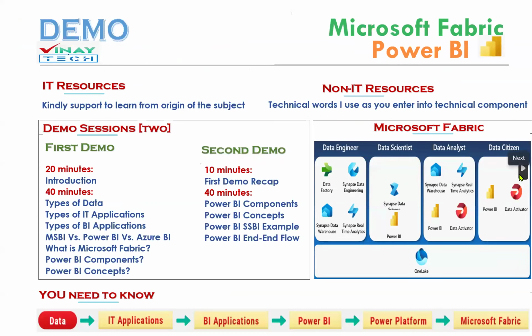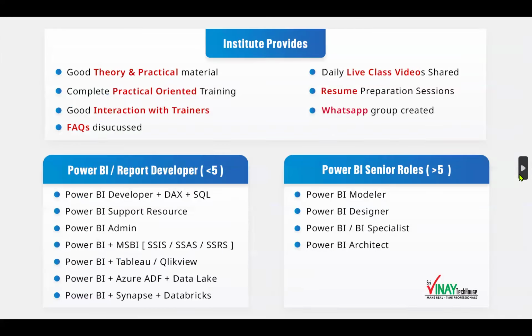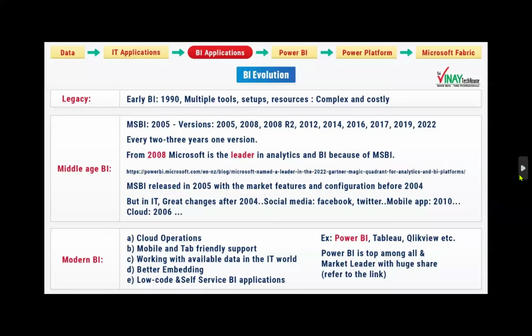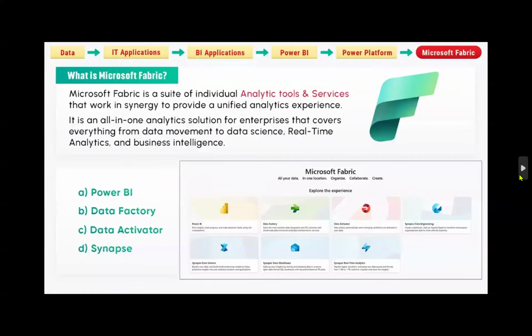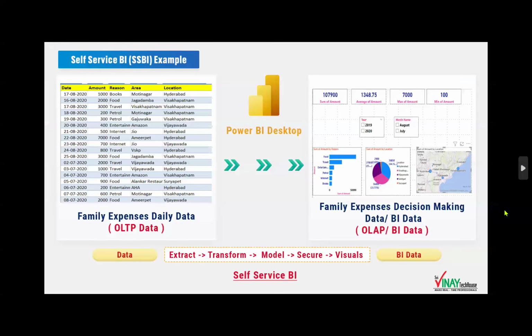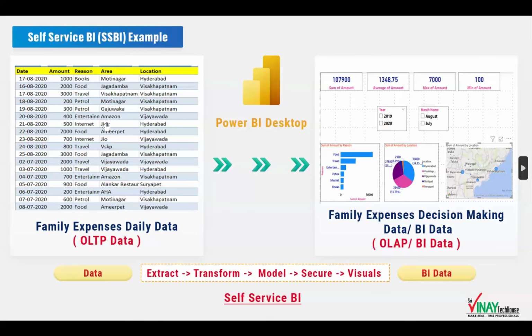Now what I want to do, I will show today one example. Complete stuff, you walk through it. This is an example I want to show. What do you call this data? Transactional data. My daily expenses available, my family daily expenses.